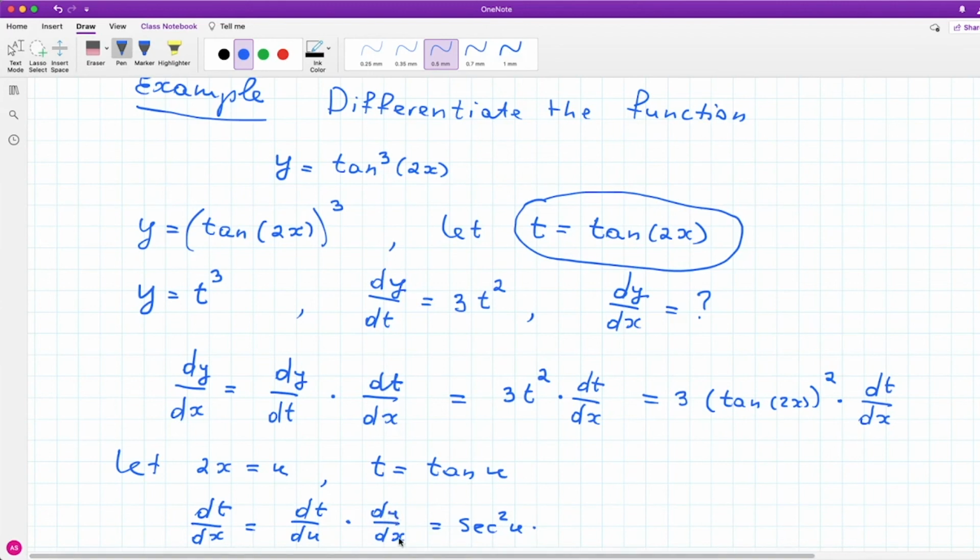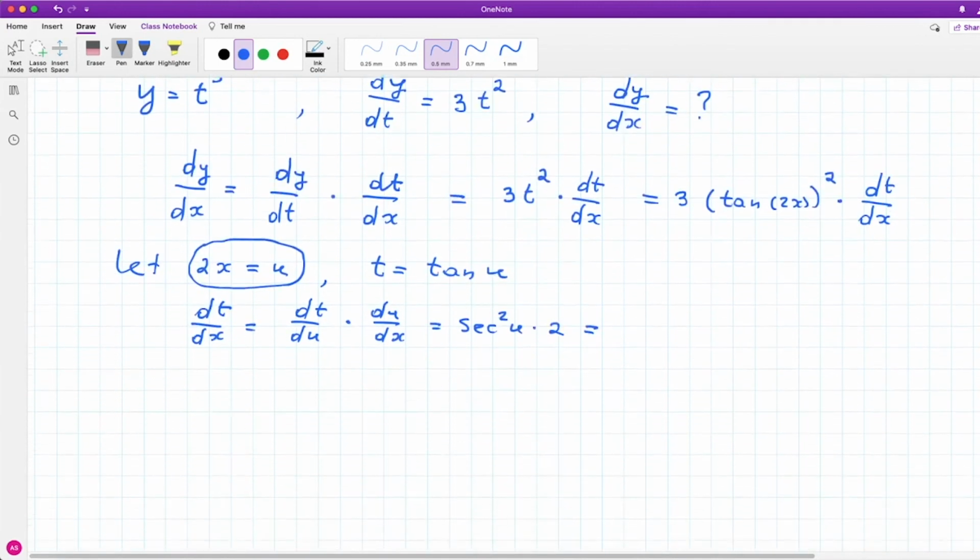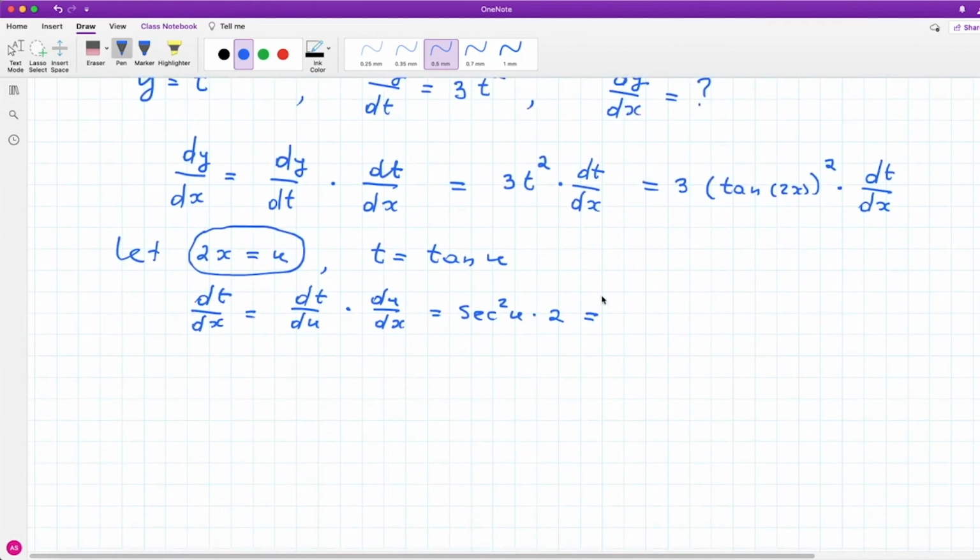And for the derivative of u with respect to x, we look at the formula which tells us the relationship between u and x. u equals 2x, and the derivative of 2x with respect to x is just 2, so times 2. Here we can substitute 2x instead of u to express dt/dx in terms of x: 2 times secant squared of 2x.